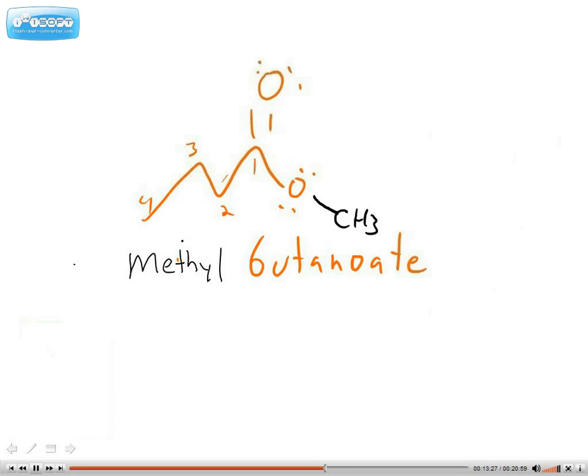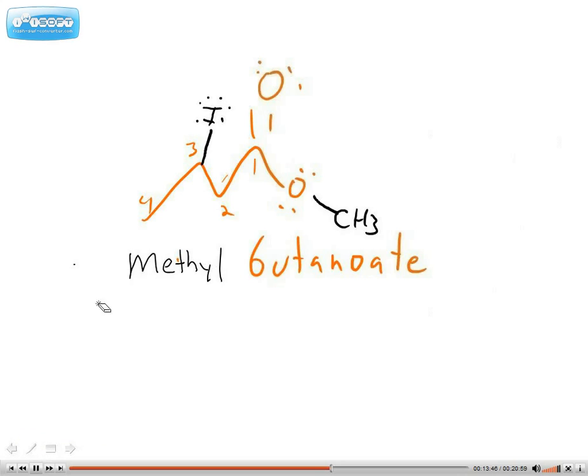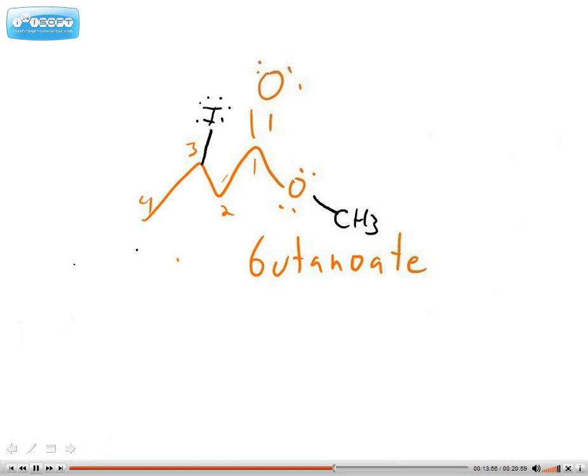Now, if I wanted to, I could make things really tricky. I could add in, for example, a halogen. In which case, I get to do some more erasing. It would be 3-iodo butanoate.